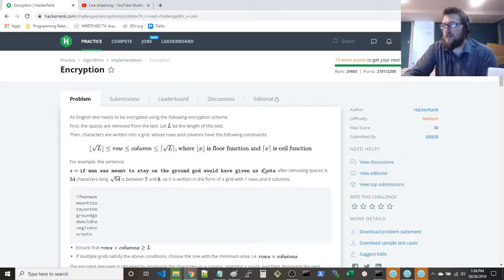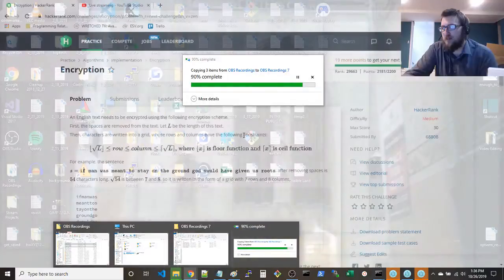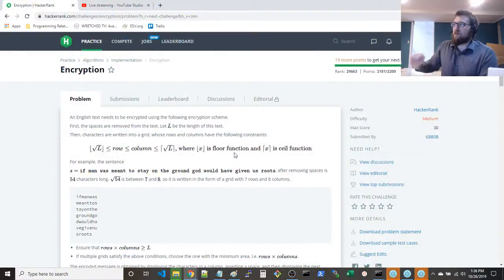We've got something going on here with my hard disk. I'm moving almost 180 gigabytes to my external hard disk, so I'm not going to use the mouse while that's happening because I've only got so many USB ports on my laptop here. But what we can do is take a look at this problem.